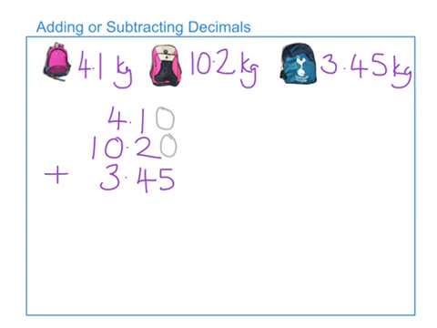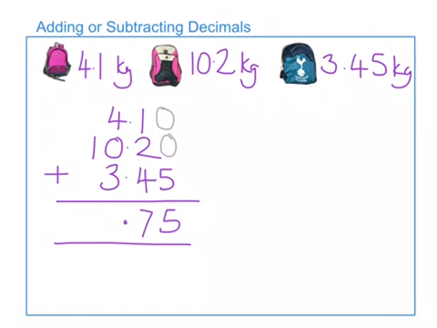So we know that we're adding because we want to find the total weight of all of these items. So when I add up what is a nothing and a nothing, or 2 zeros and a 5, that gives me 5. Then I'm adding up the 1, the 2 and the 4, which does make 7. The next thing, I've got my decimal points all lined up. I might as well just write my decimal point in now.